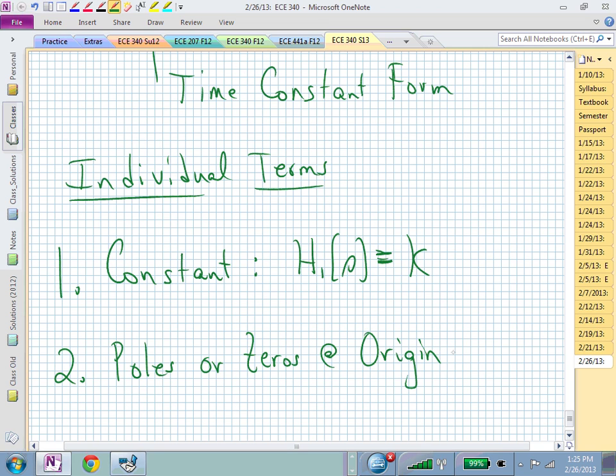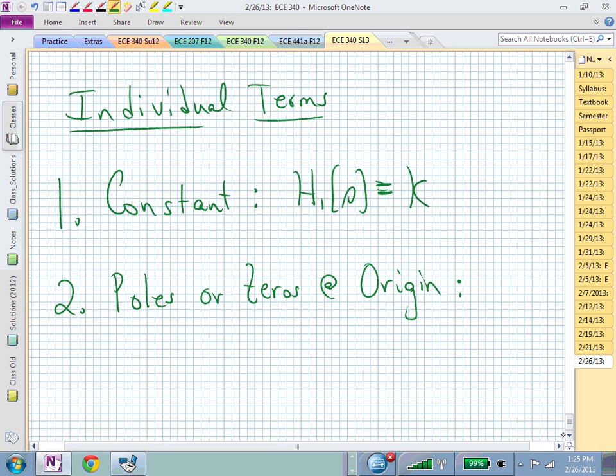We also want to be able to sketch poles or zeros at the origin. So we could have just an s, which I've indicated here in the middle, or maybe we have 1 over s squared, or maybe we have 1 over s.